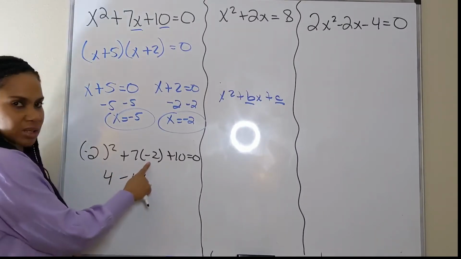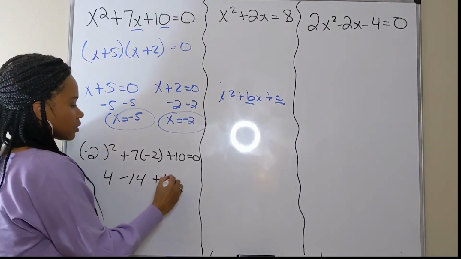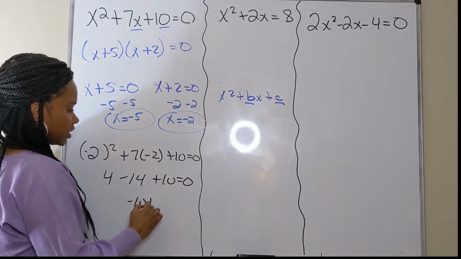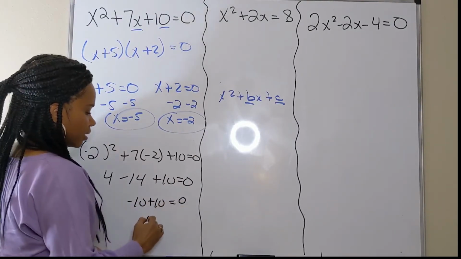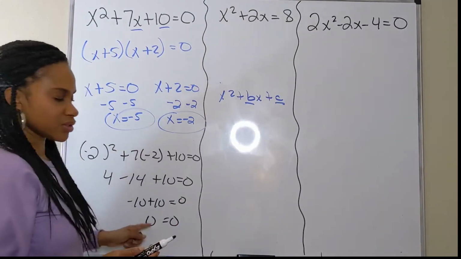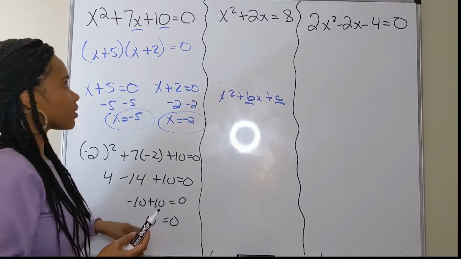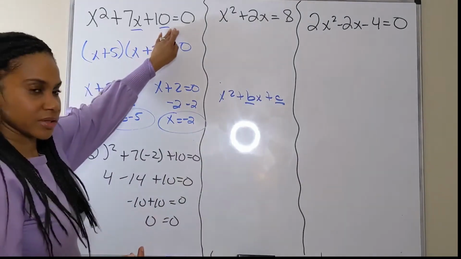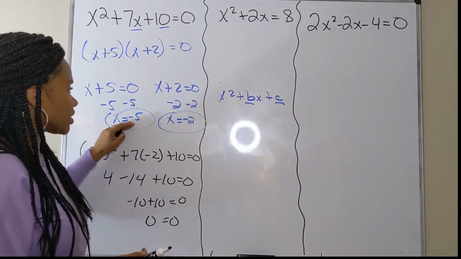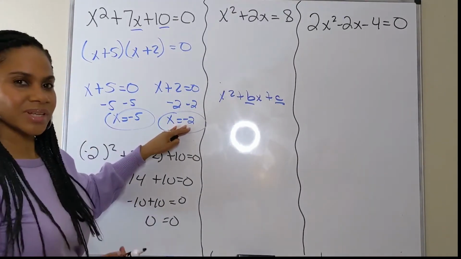That's minus 14 because that's a negative 2. And 4 minus 14 is negative 10, plus 10, and again that does in fact give me 0. So I've checked my answers. It should give you 0 if your equation equals 0. So my solutions are x equals negative 5 and x equals negative 2.